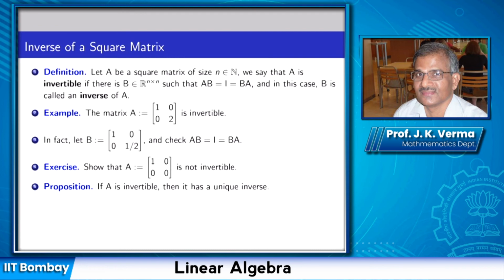So BA operating on E2 produces the zero vector. But BA is the identity matrix, and therefore the identity matrix times E2 is the second column vector of the identity matrix, and that is (0, 1). So this is a contradiction, and therefore A is not invertible.